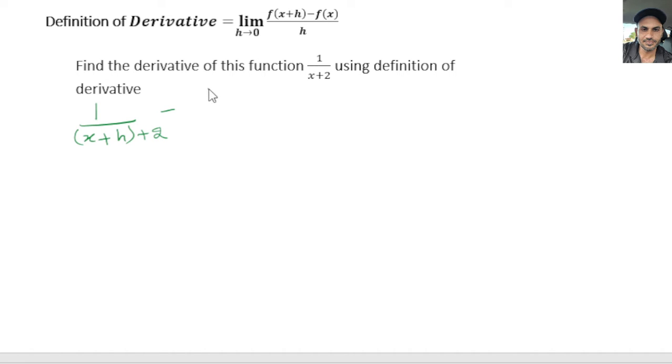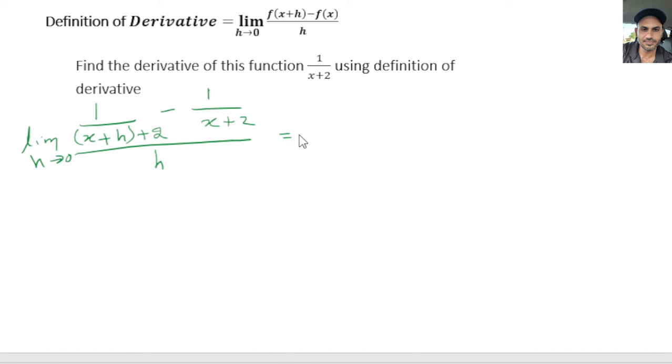So it's 1 over x plus 2, and everything divided by h. And that's the limit as h goes to 0.